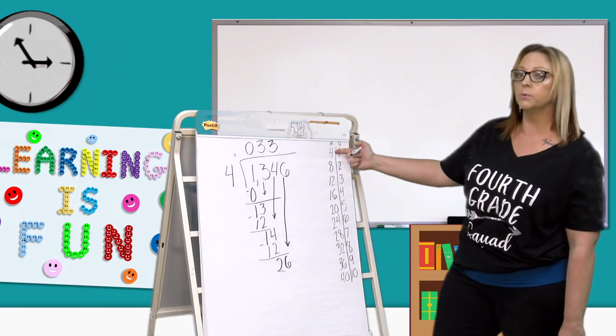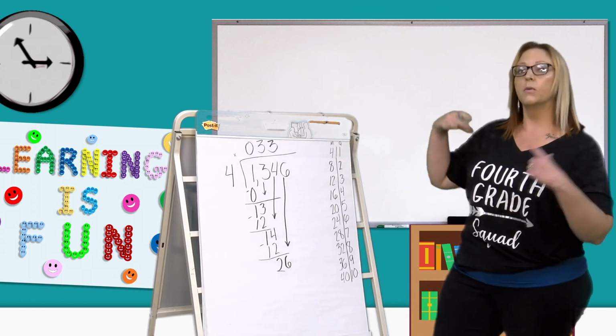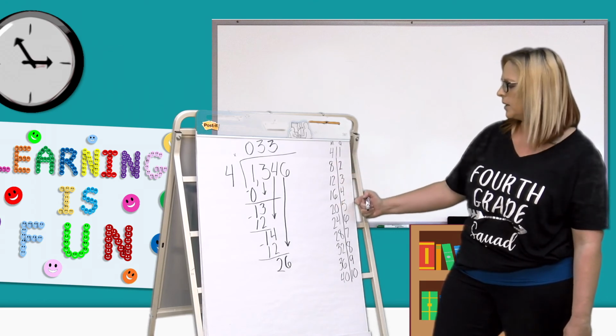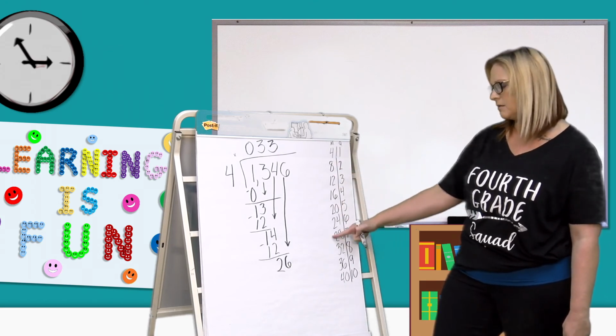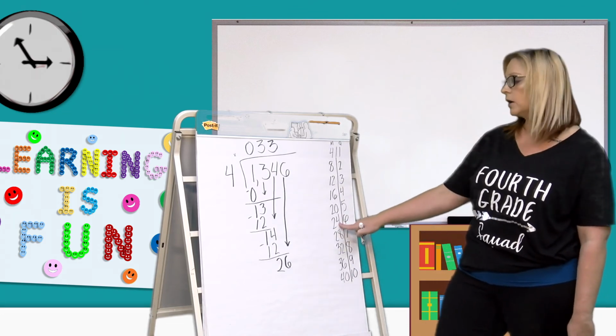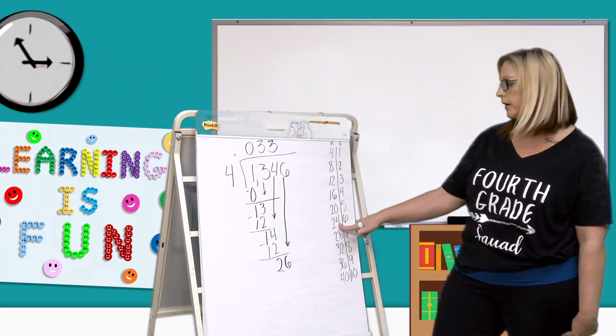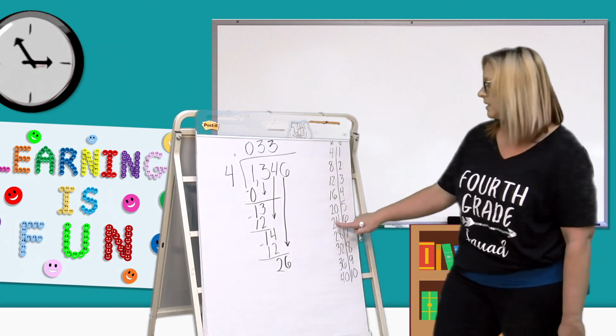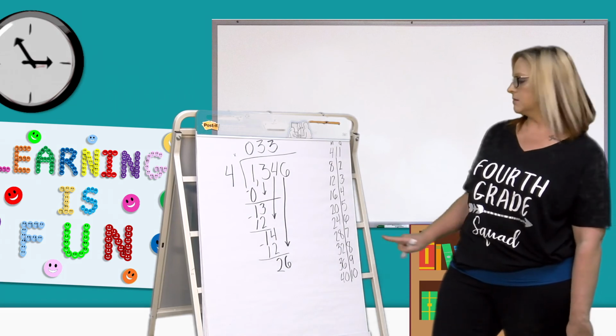I want to find a multiple closest to 26 without being too big. 4, 8, 12, 16, 20, 24, 28. 28 is too big. That's larger than 26. So our closest multiple is 24. That means 4 can go into 26 6 times.